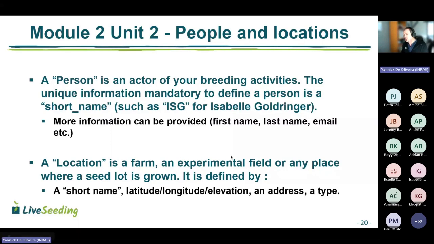You have location. A location is a farm, an experimental field, or any place where a seedlot is run. It is also defined by a short name, with the latitude, longitude, and elevation information that can be useful in SHineMas, and an address and a type, but it is not mandatory.